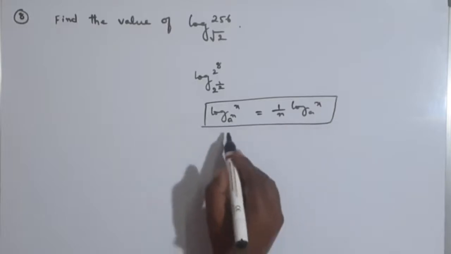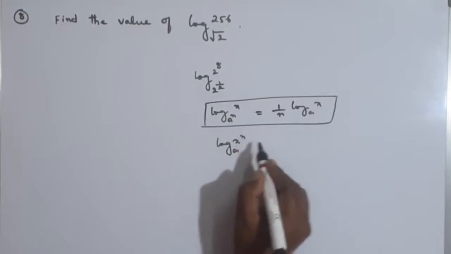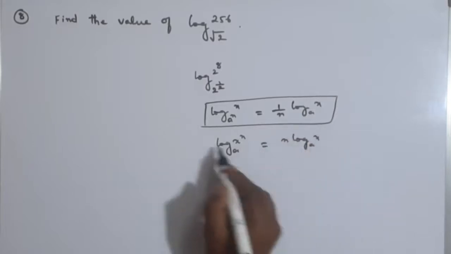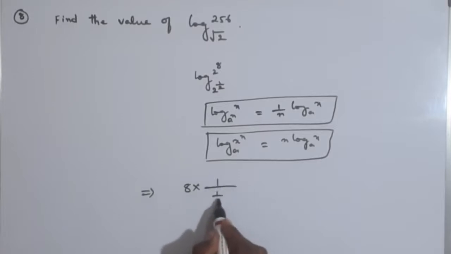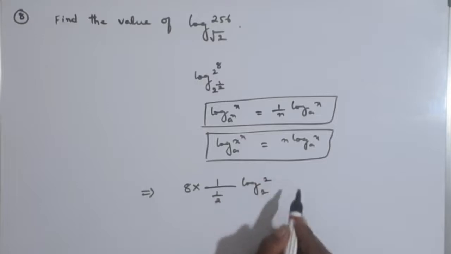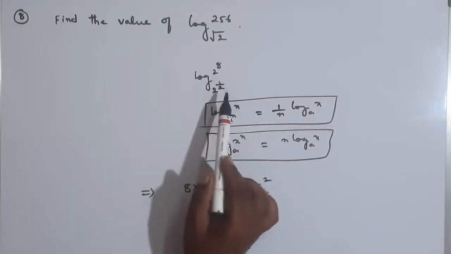One more formula: log base a to x to the power of n equals n of log base a to x. Using these two formulae, I will write 8 into 1 by 2 of log base 2 to 2. This 2 to the power of 1 by 2 can be written as 1 by 2 of n.